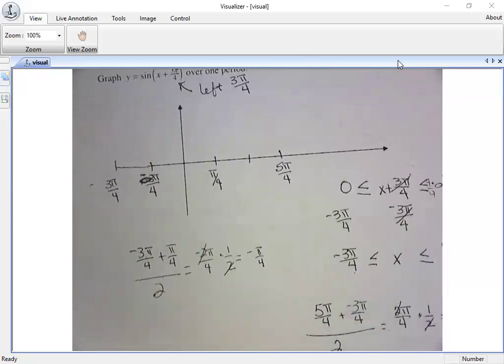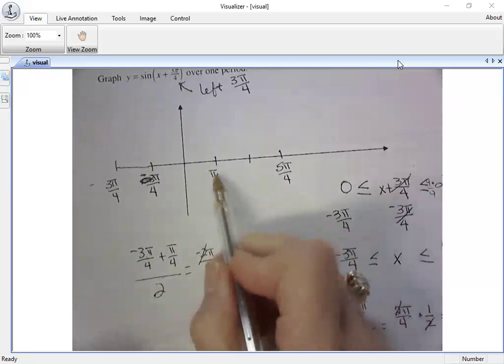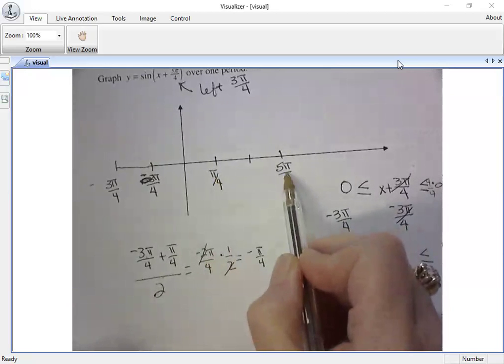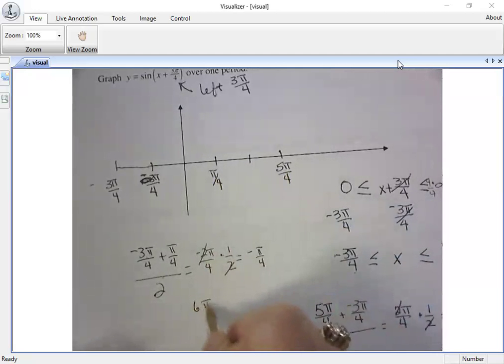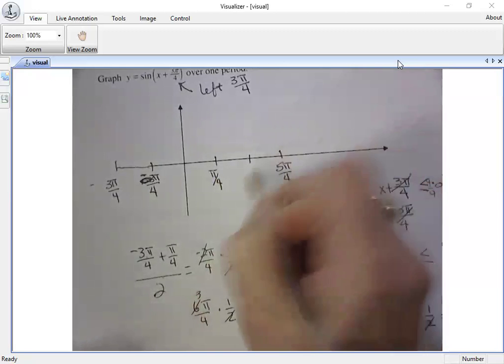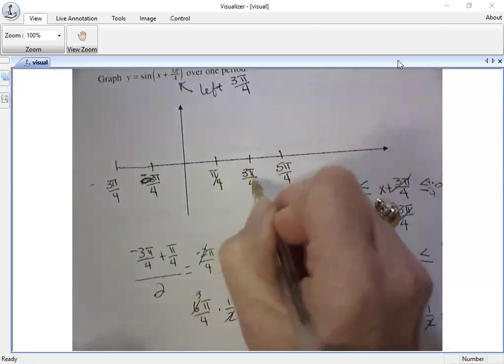3 pi over what? How many of you think it's 3 pi over 4? Perfect, that's exactly right. If I add pi over 4 plus 5 pi over 4, that's 6 pi over 4. And 6 pi over 4 times 1/2 turns into 3 pi over 4.